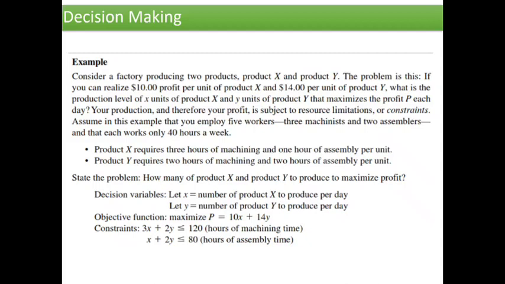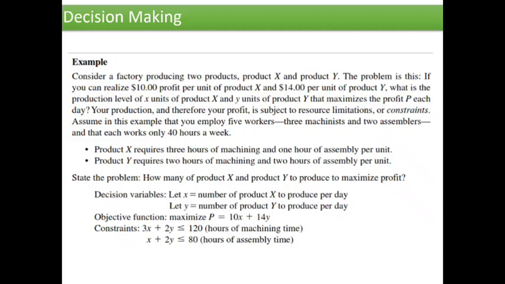So the solution is a set of values for the independent variables, that is, the decision variables, that maximize the benefit or minimize the cost. These are the two major objectives that we can achieve with linear programming techniques.